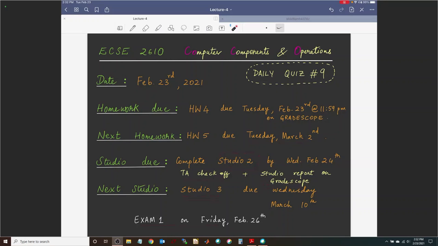So please make sure that you read in detail about the logistics that are involved with exam 1. When is it going to be available? By what time do you need to start to get the full 2 hours, 30 minutes? So read through that document pretty carefully.